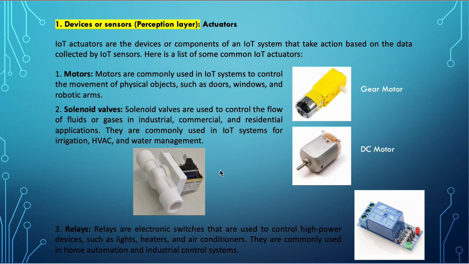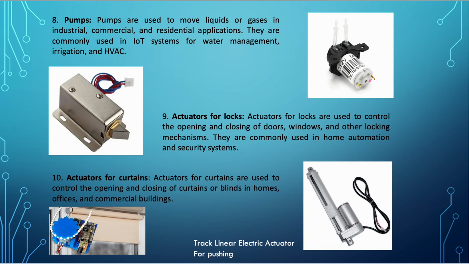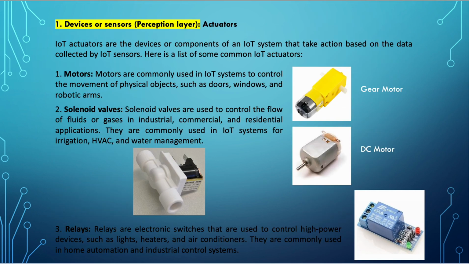I'm going to give this example just for motors, but please keep in mind that all the other actuators we are going to talk about here will be applicable for the same, right?